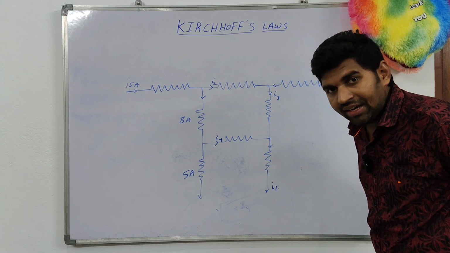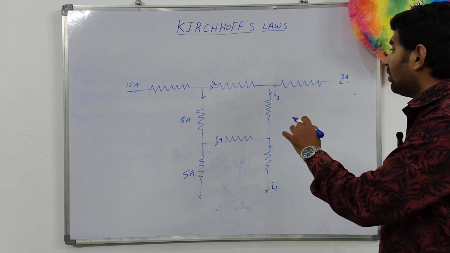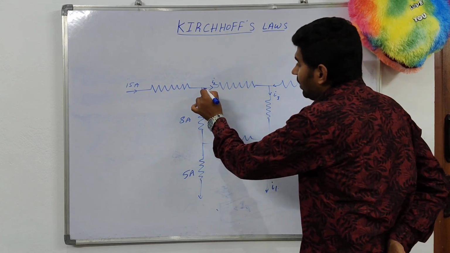Kirchhoff's first law is also termed as Kirchhoff's current law. Now how to find out? First of all, you have to find out the junction points.